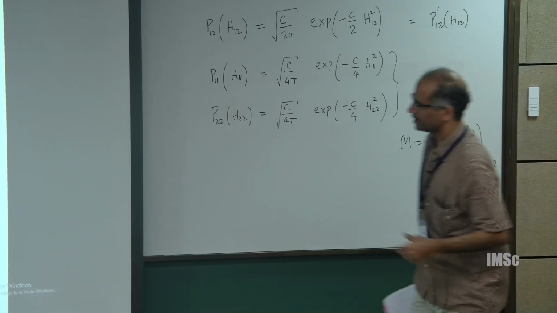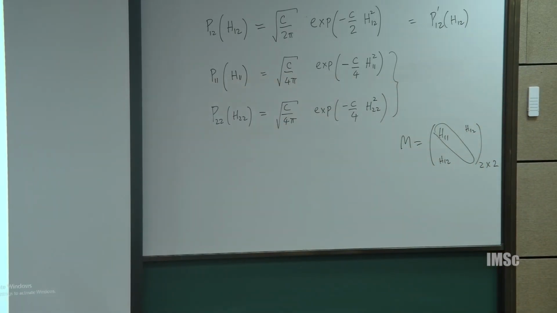Strictly speaking, what you have ensured is that the probability of a given matrix is invariant under an orthogonal transformation. So, strictly speaking, P of H will be equal to P of H prime. But because it's a product case, even for individual matrices or for individual elements, it works.